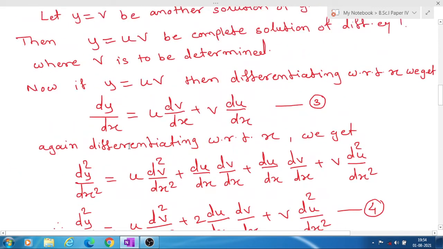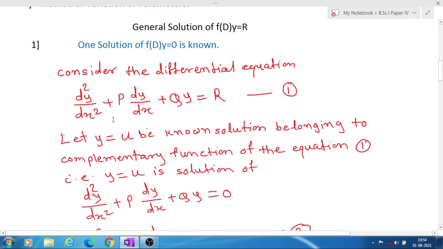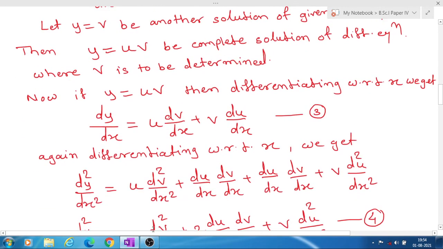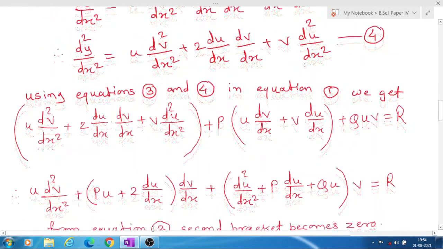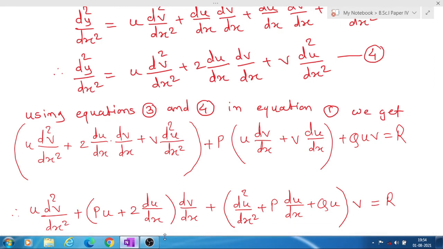So in our equation, first term is d2y by dx square, then plus p into dy by dx plus q into y is equal to r. Here we substitute value of d2y by dx square and dy by dx, just we found. So this is d2y by dx square, just calculated here, plus p into this is dy by dx plus q into y means u into v and is equal to r.